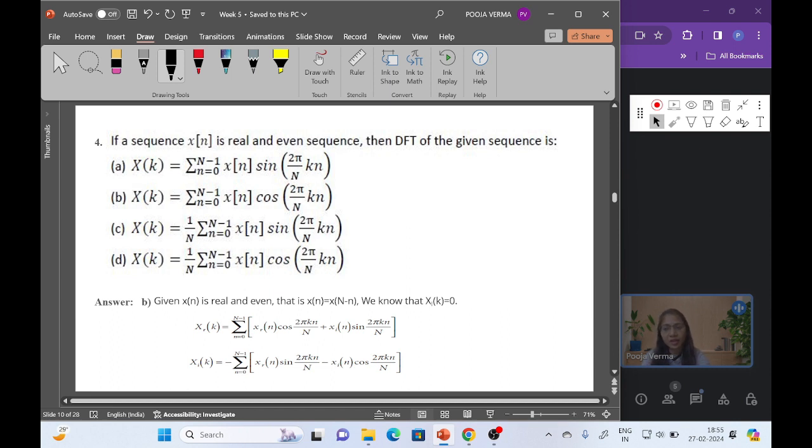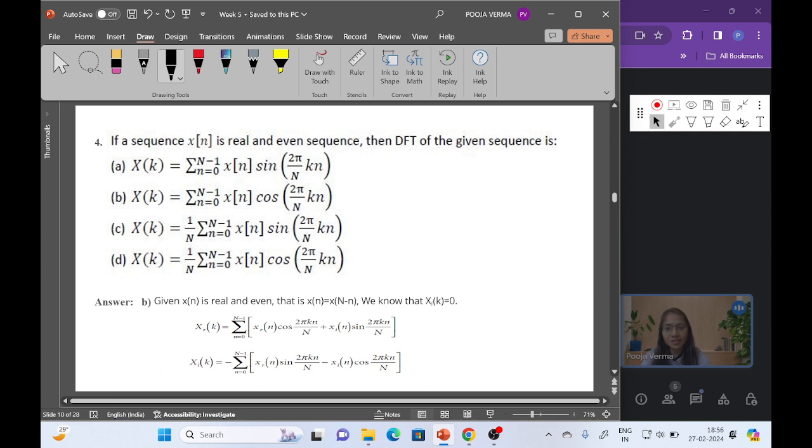Option A is X(k) equal to the summation for n equal to 0 to N minus 1 of x(n) sine 2 pi by N kn. Option B is X(k) equal to the summation for n equal to 0 to N minus 1 of x(n) cos 2 pi by N kn. Option C is X(k) equal to 1 by N times the summation for n equal to 0 to N minus 1 of x(n) sine 2 pi by N kn, and option D is 1 by N times the summation for n equal to 0 to N minus 1 of x(n) cos 2 pi by N kn.